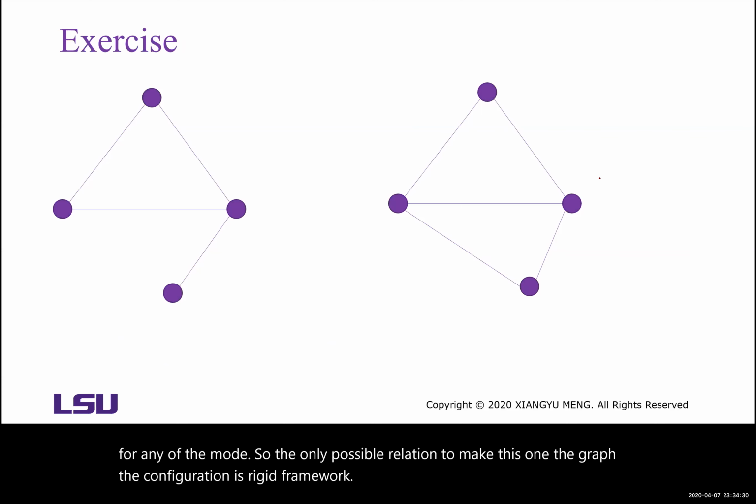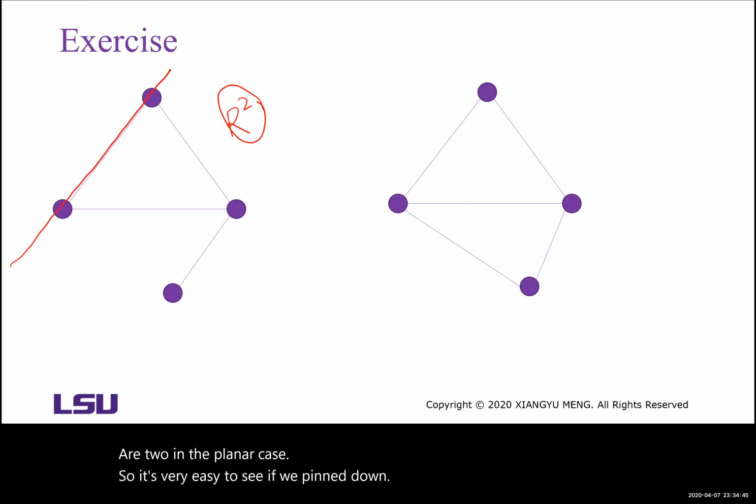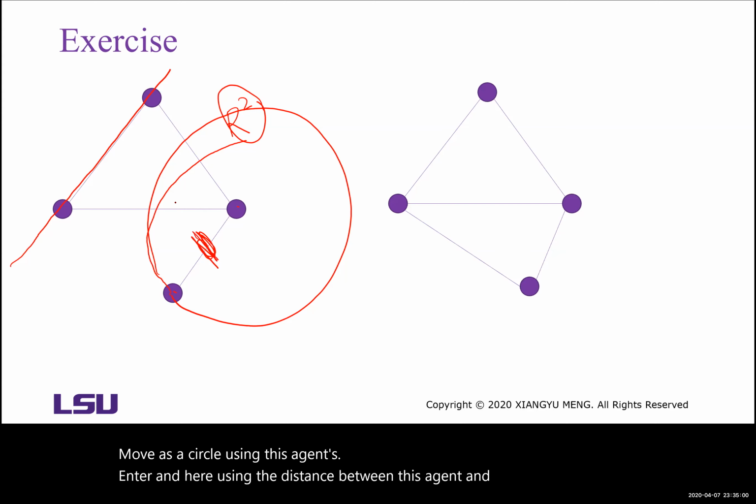Now let's do some exercises. Let's consider the first case in R2, in the planar case. It's very easy to see that if we pin down this edge, this agent may move as a circle using this agent as a center, and using the distance between this agent and this agent as a radius.